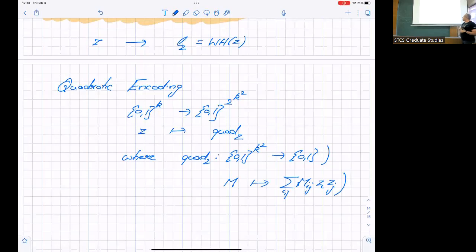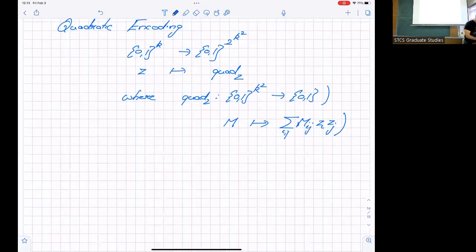There are a few observations. The function quad Z itself is a linear function. Let's make a couple of observations. Quad Z is linear.